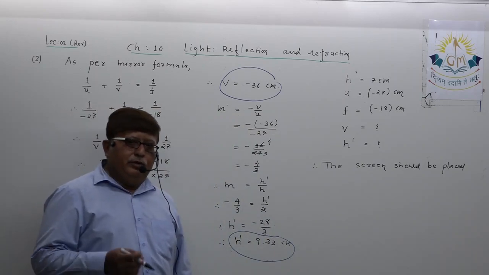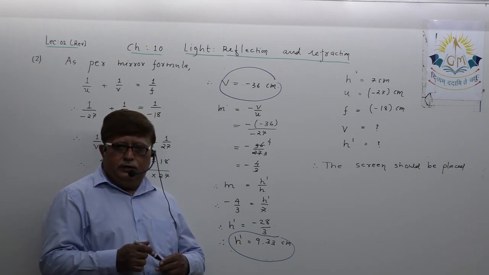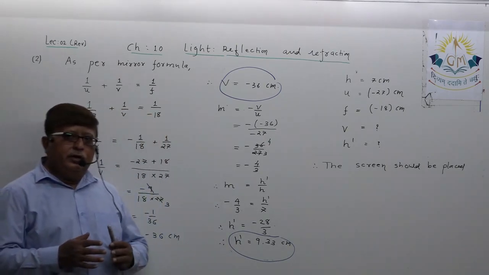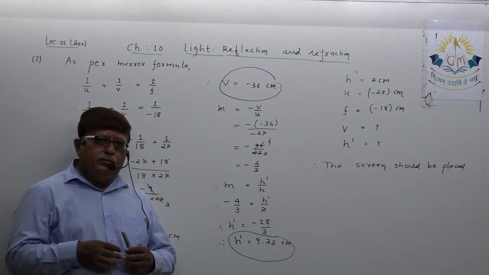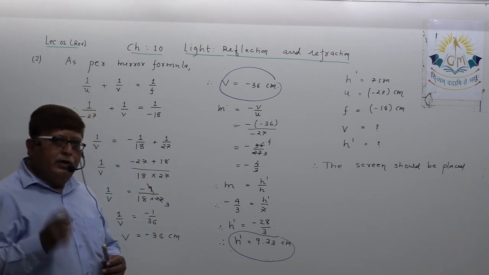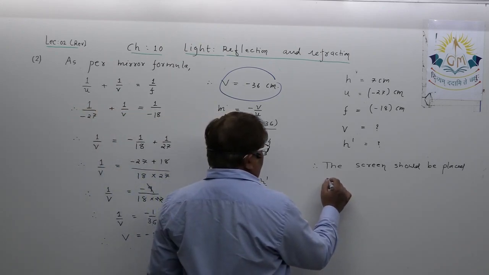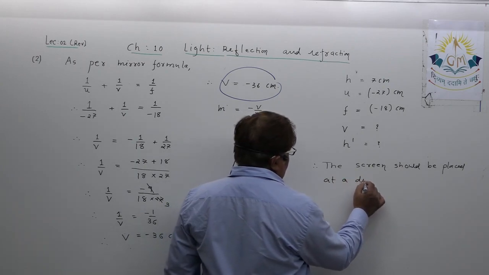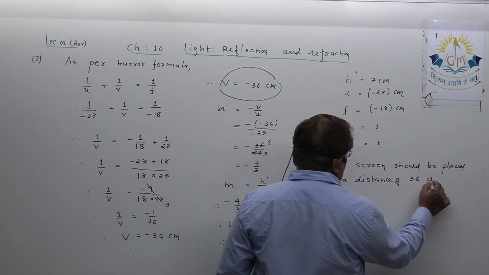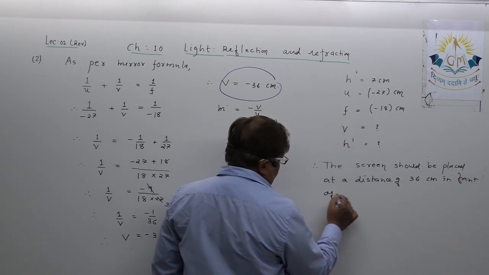You need to develop this in the exam, because when asked any particular example in the board exam, it can happen that the examiner who is going to check your paper is first going to highlight the final answer. The screen should be placed at a distance of 36 centimeter in front of the mirror.